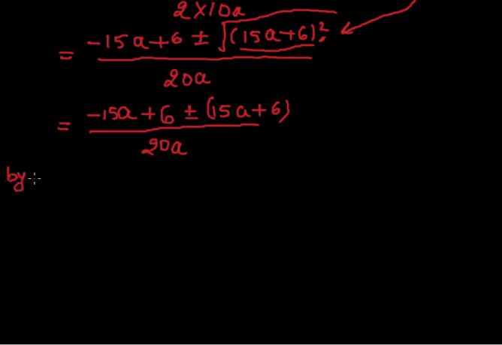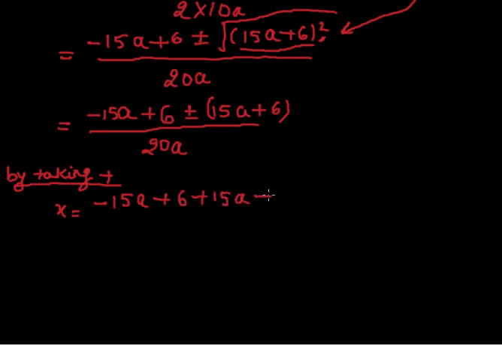Now to find both the solutions, we have to take both the signs. First of all, by taking the plus sign, we'll get the value of x is equal to minus 15a plus 6 plus 15a plus 6 upon 20a.